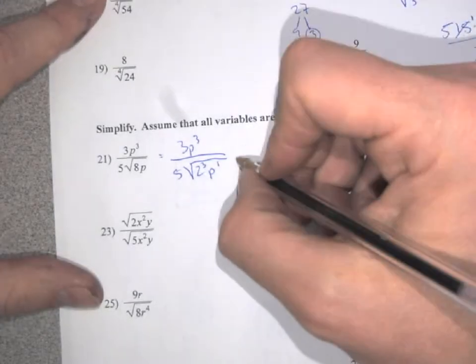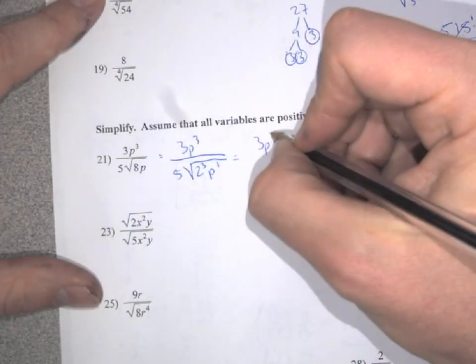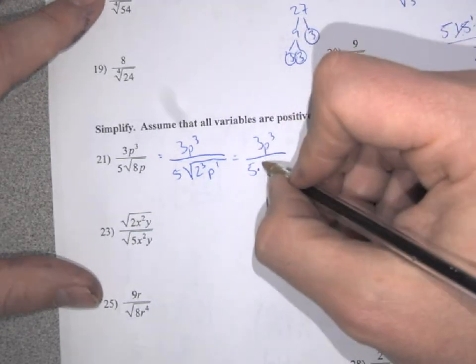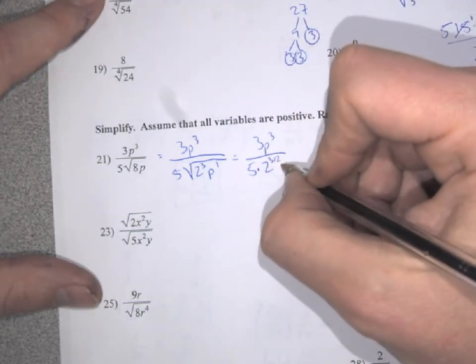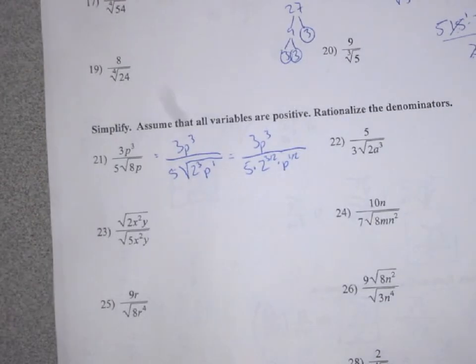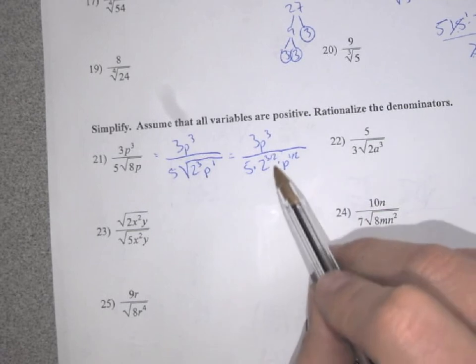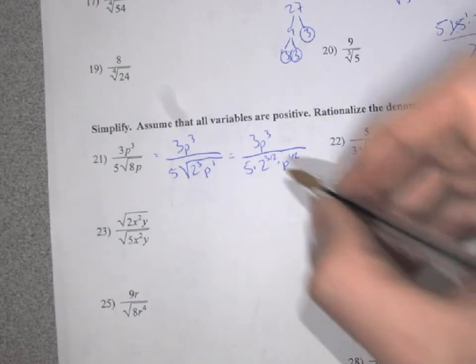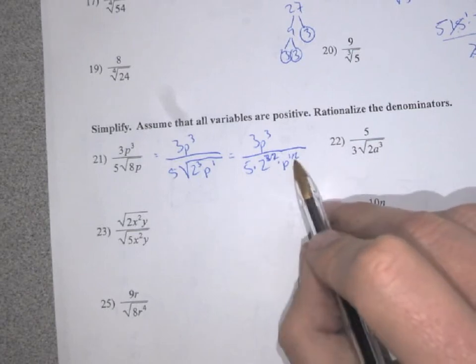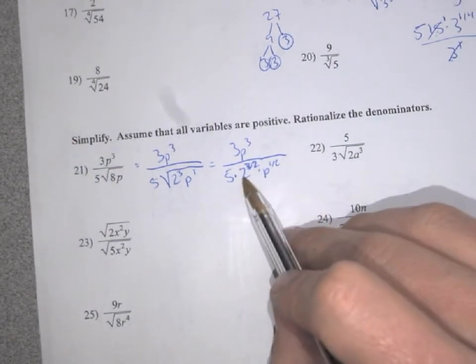Okay, so let's rewrite this. 3p to the 3 over 5 times 2 to the 3 halves p to the 1 half. If you look at these guys here, you've got to figure out what's missing. How can I get these to be a whole number? So I have a 2 to the 3 halves.